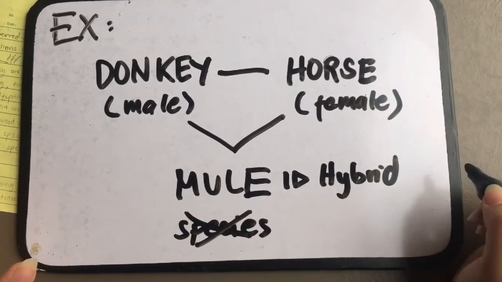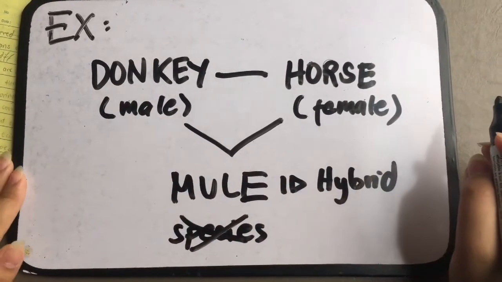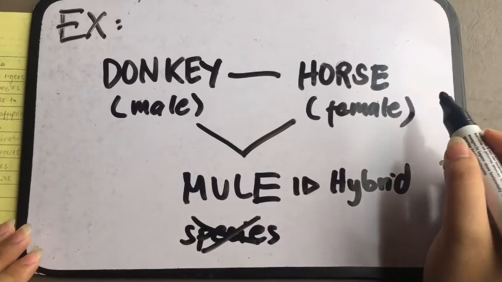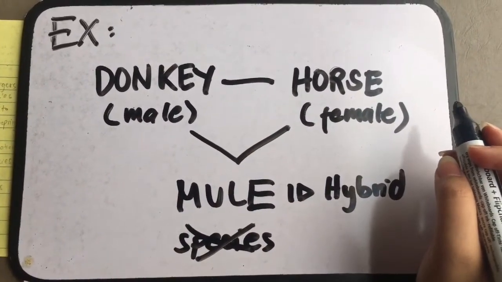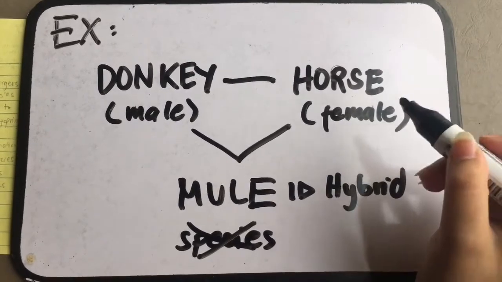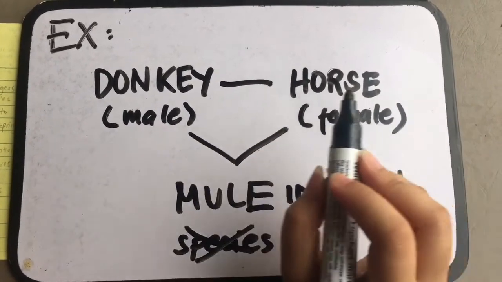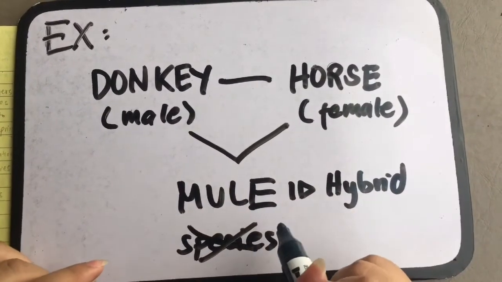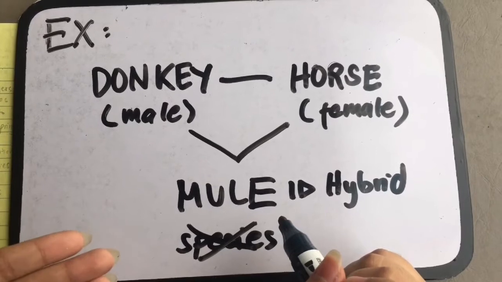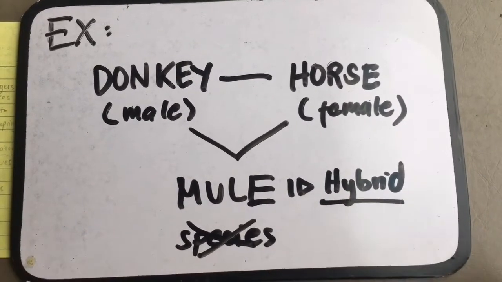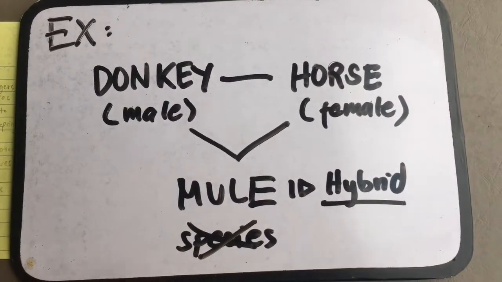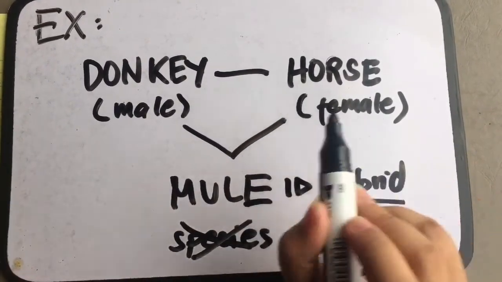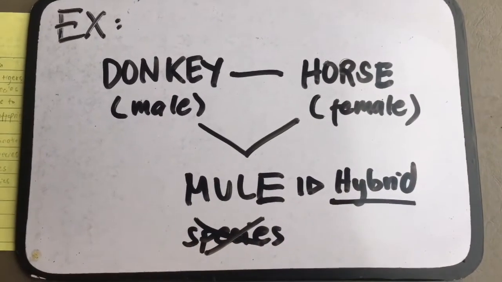So it is the same as the liger. Because the donkey and the horse are different species, they may interbreed with each other and create an offspring, but that offspring cannot reproduce another offspring, which makes them called a hybrid. So a hybrid is the crossbreeding of two different species or two distinct species.